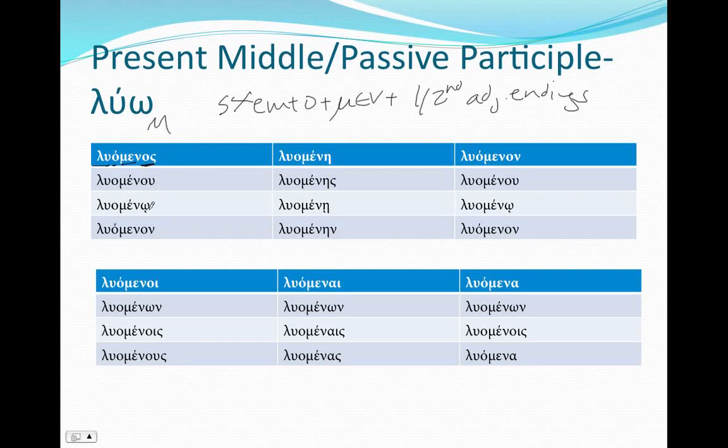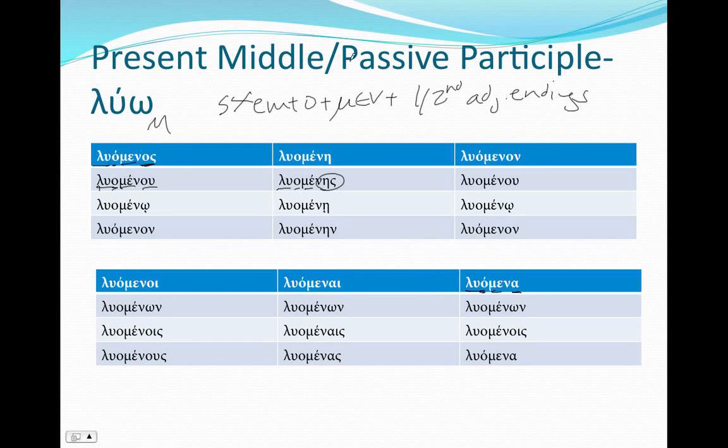So os, ou, o, on, oi, on, ois, ous. And in all of these we have our stem, omicron, men, and ending. In the feminine, stem, omicron, men, but feminine, first declension ending. And in the neuter, same thing. Let's take a look at the plural here. Stem, omicron, men, ending. Alpha because it's neuter plural. Very easy. Let's look at those contracts now.